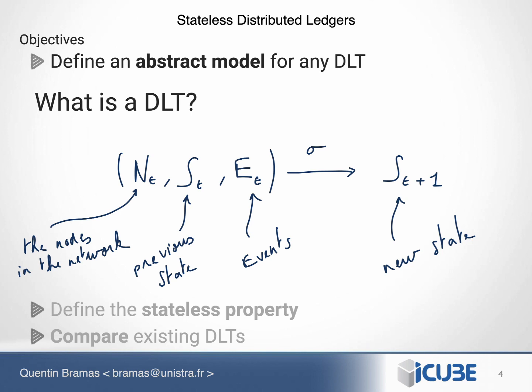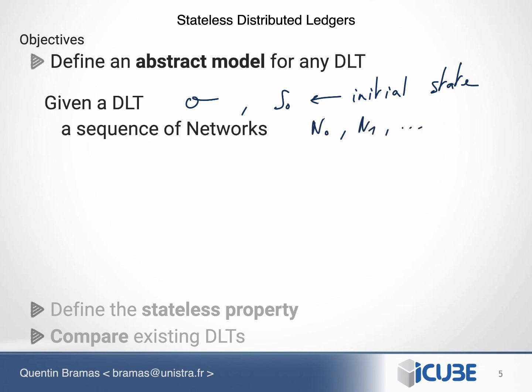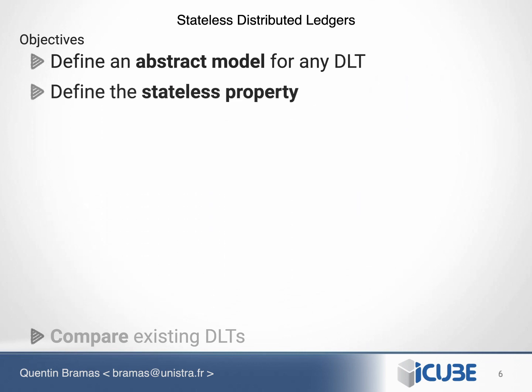So given a DLT, its initial state, for instance the genesis block for blockchains, given a sequence of networks, and given a sequence of events, we obtain an execution, so S0, S1, and so on. So that's how we model a DLT and the evolution of the states depending on the network and on the transactions received.